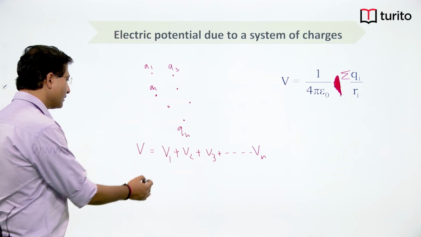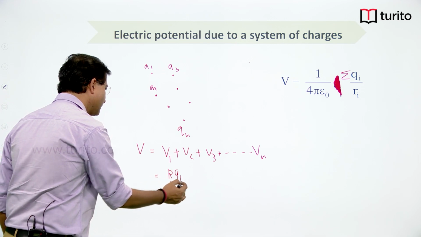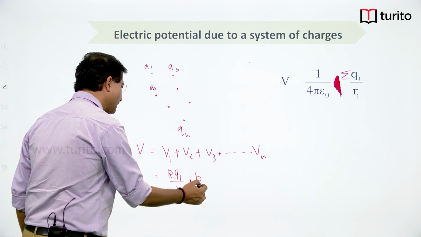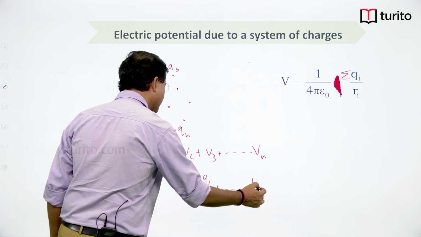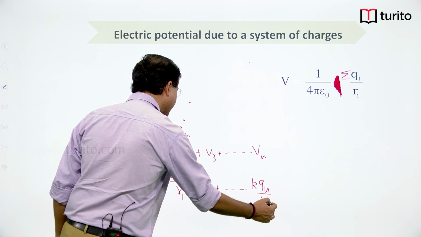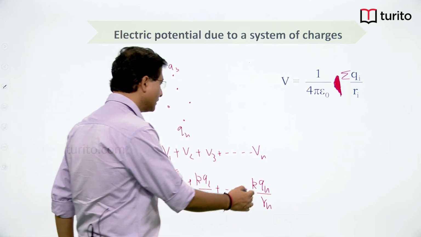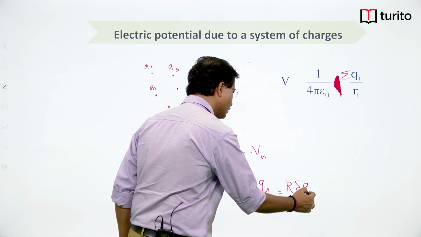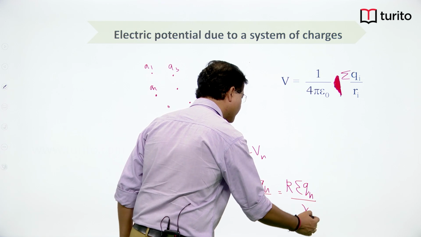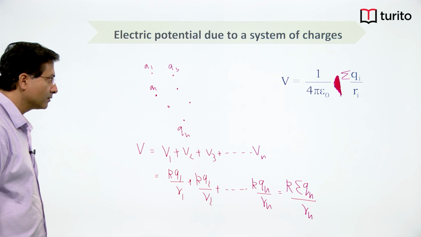So everywhere, as these are point charges, I can write kq1 divided by r1, kq2 divided by r2, kqn divided by rn. That can also be written as, if you take k out, sigma qn divided by rn, right.